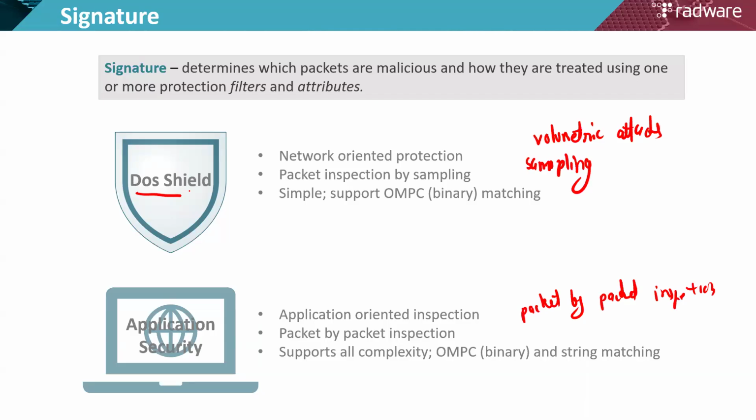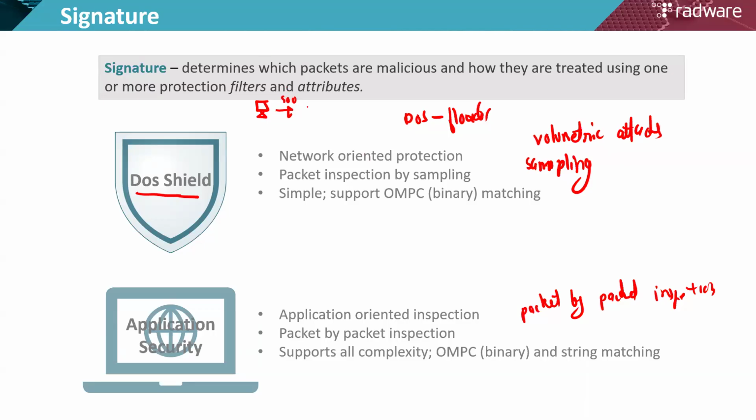With DOS Shield, we are primarily mitigating all DOS kind of attacks. All DOS floods, those kinds of vulnerabilities against a server, would be blocked by signature-based protection with the help of DOS Shield. We are using a sampling method, not packet by packet inspection. Let's suppose a DOS Shield signature is evaluated and it is sending 500 packets. We will not inspect every packet, but we would be sampling.